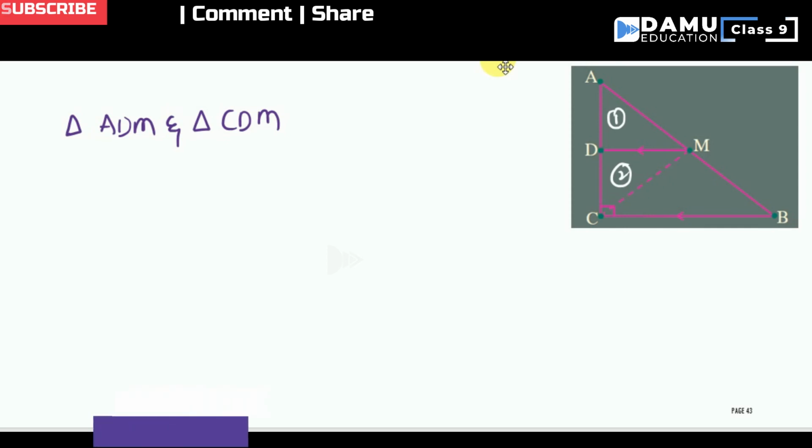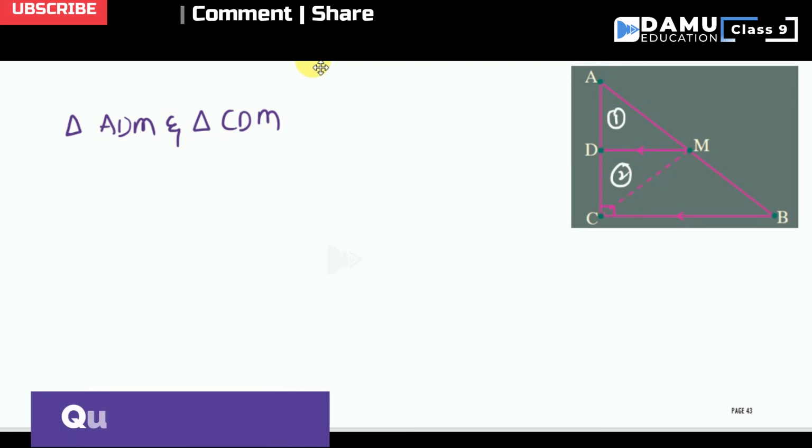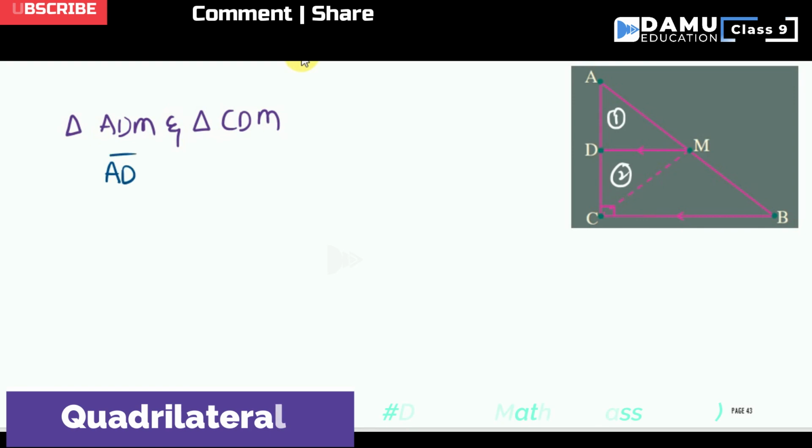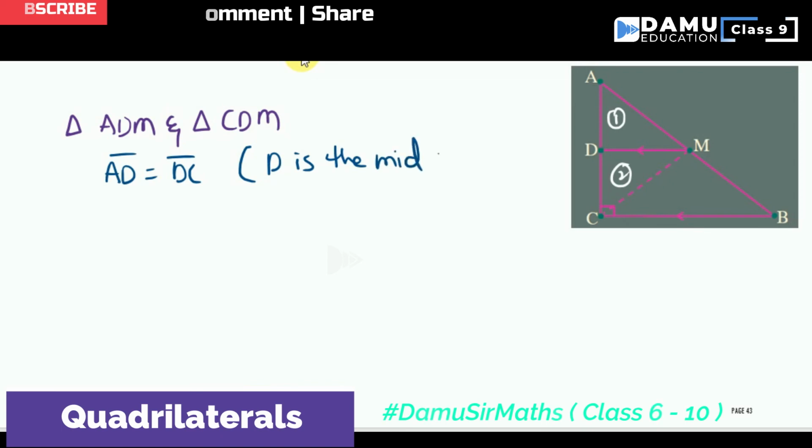The conditions: AD is equal to DC, since D is the midpoint of AC. Next, the angle ADM in the first triangle.